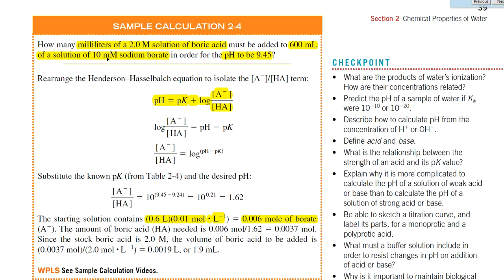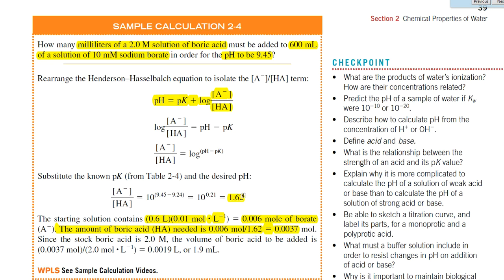Then the amount of boric acid needed is 0.006 mole divided by 1.62. So how much boric acid is needed? We divide by the conjugate base by acid ratio.